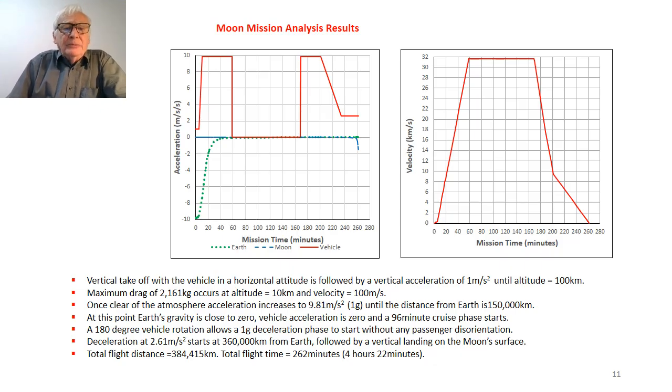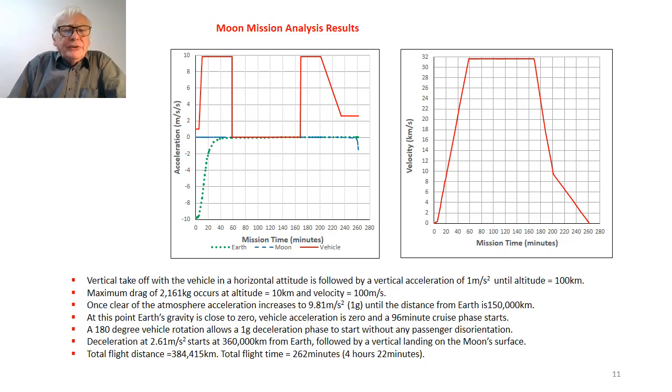And importantly, this is the vehicle acceleration from a passenger's point of view, actually, because it's the forward acceleration that the vehicle is seeing. And therefore, with the passengers in their seats, it's also the acceleration that they are feeling.